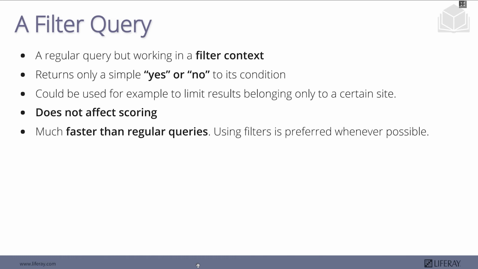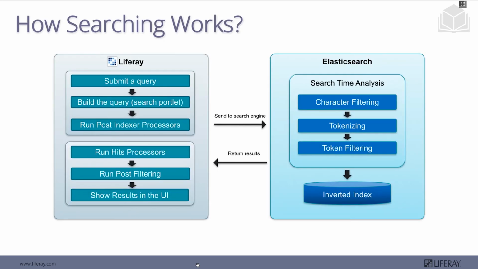Once we reach a specific score, this can then be seen as a hit and sent out. So filter queries do not affect the scoring mechanism. What's nice about filter queries is that they're faster than our regular queries that we just talked about. So whenever possible, we prefer using those filter queries.